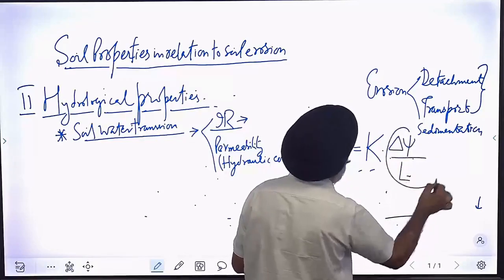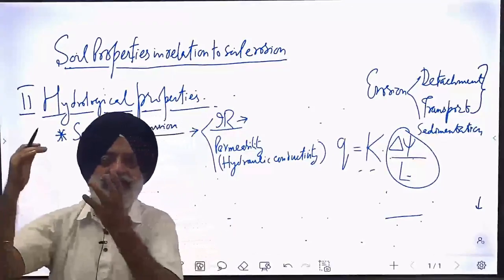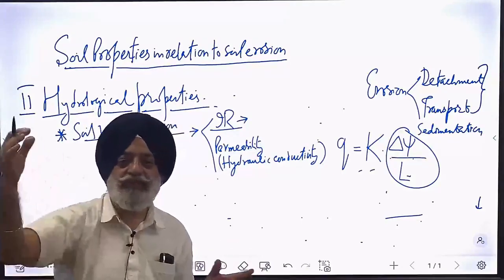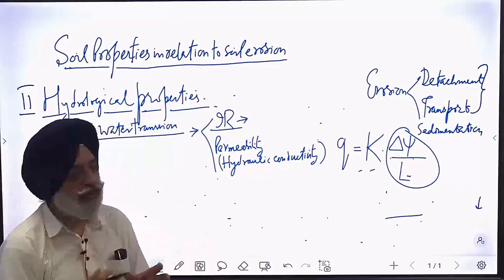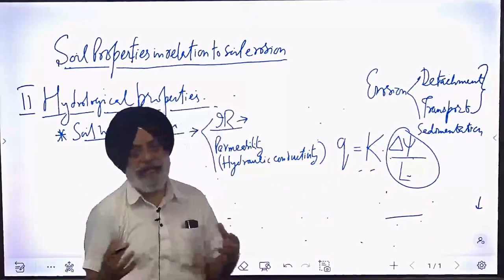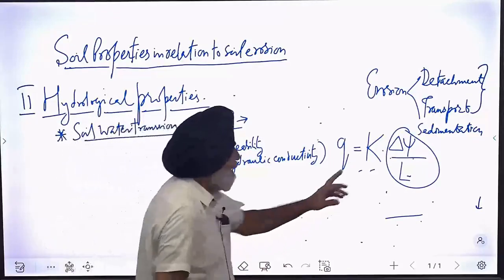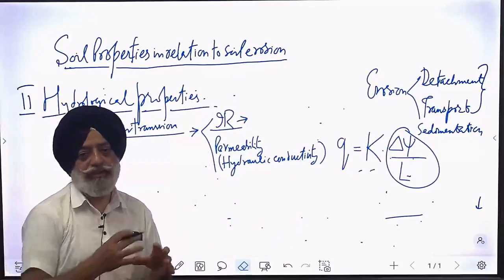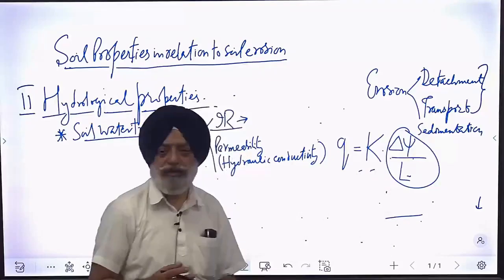Now, hydraulic gradient is nothing but the energy level due to water at point A, energy level due to water at point B, the difference of the two divided by the distance between the two, that gives us hydraulic gradient. Higher the hydraulic gradient, higher will be the water flux. So, I will not be going into detail of that. Second is hydraulic conductivity. This also determines the flux of water, because ultimately the flux of water is the product of hydraulic conductivity and hydraulic gradient.